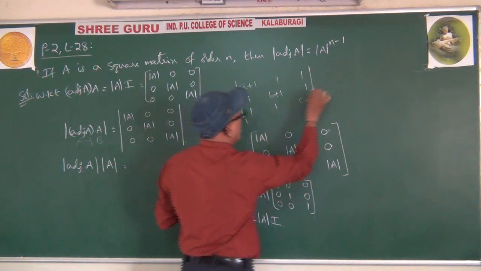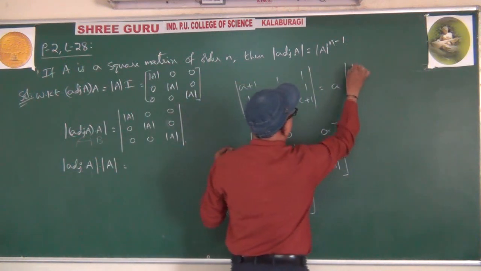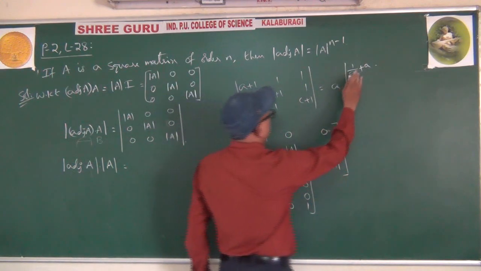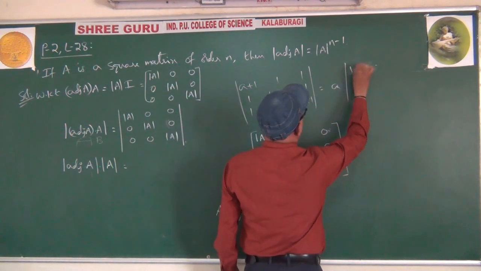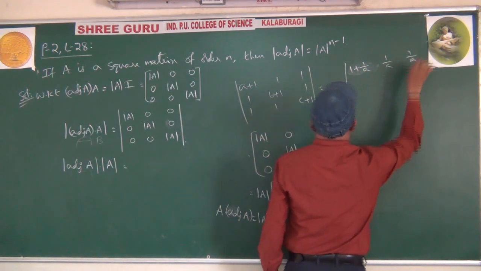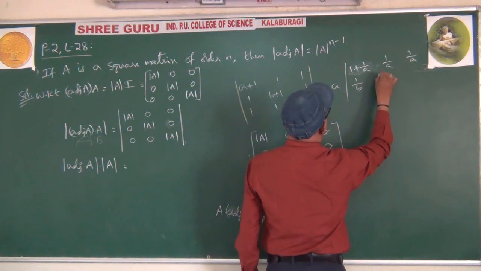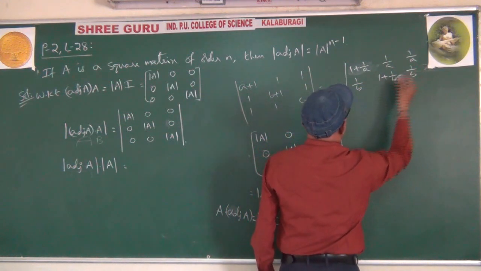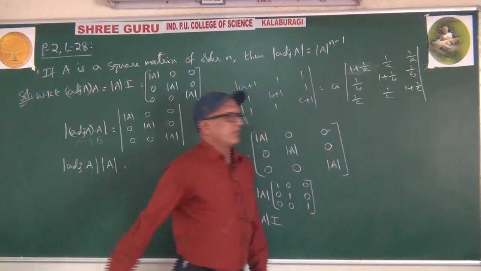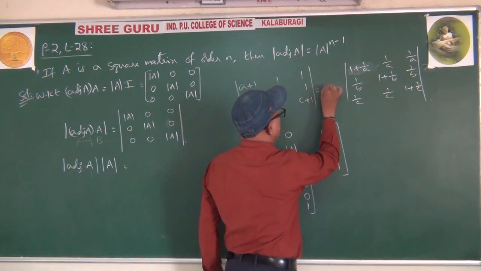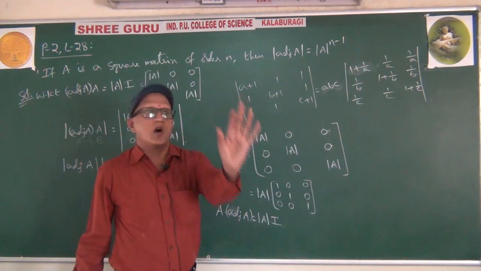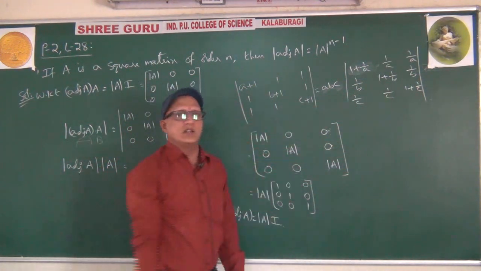How did we take a common from the first row, b common from the second row, c common from the third row? That's it. We did not take a common from the complete determinant.